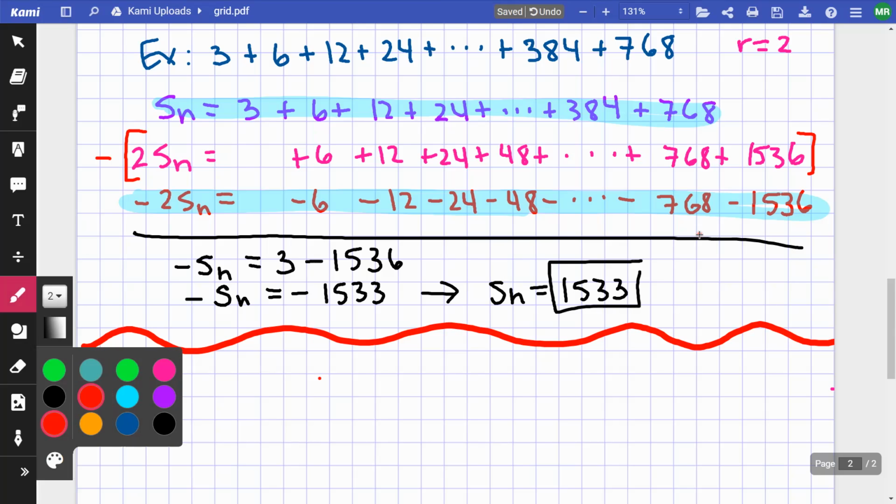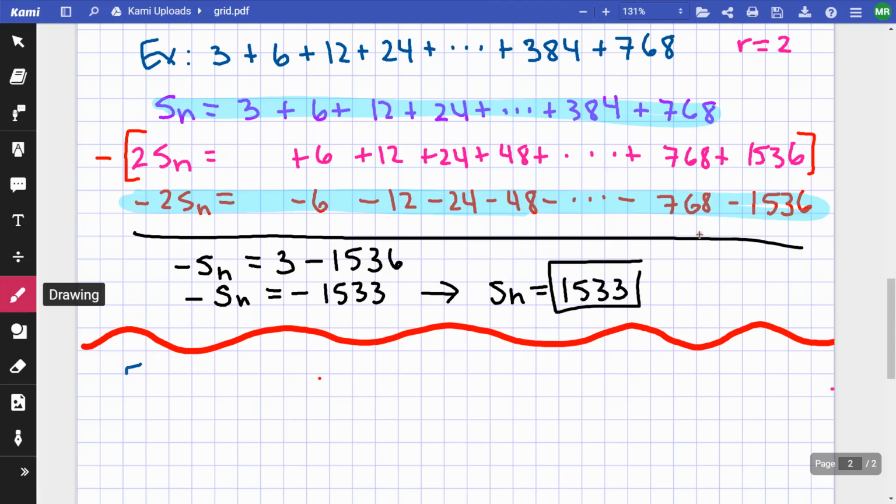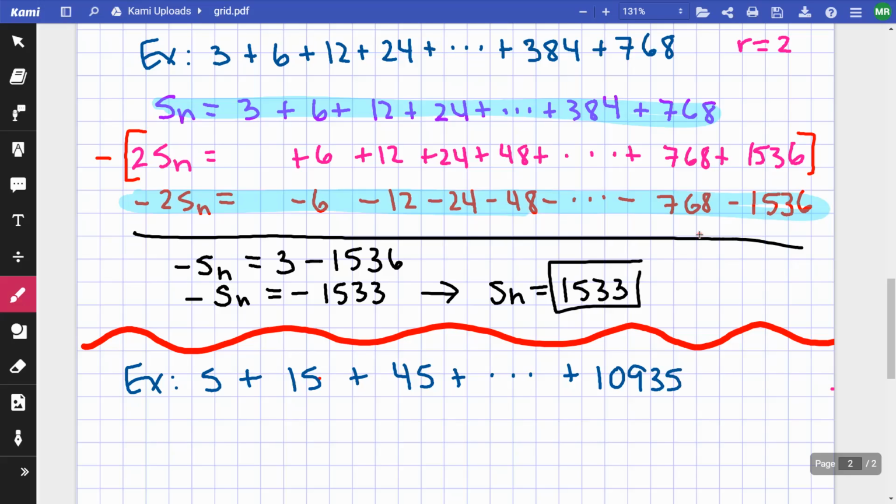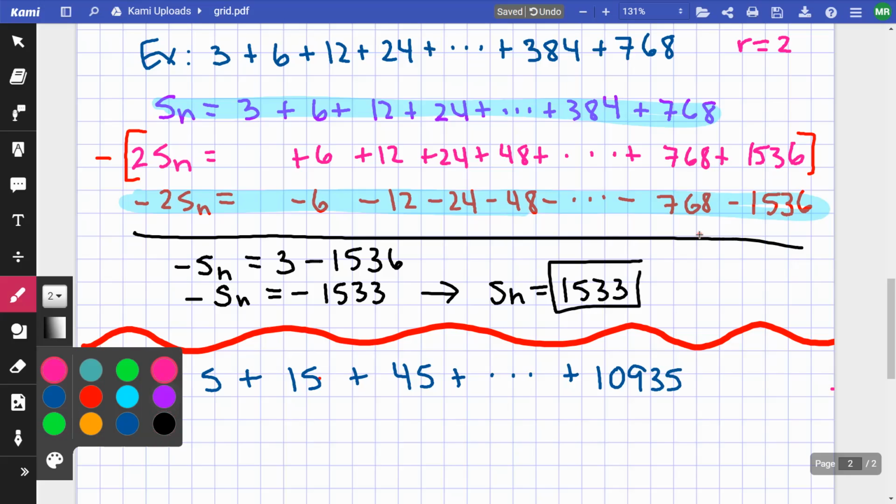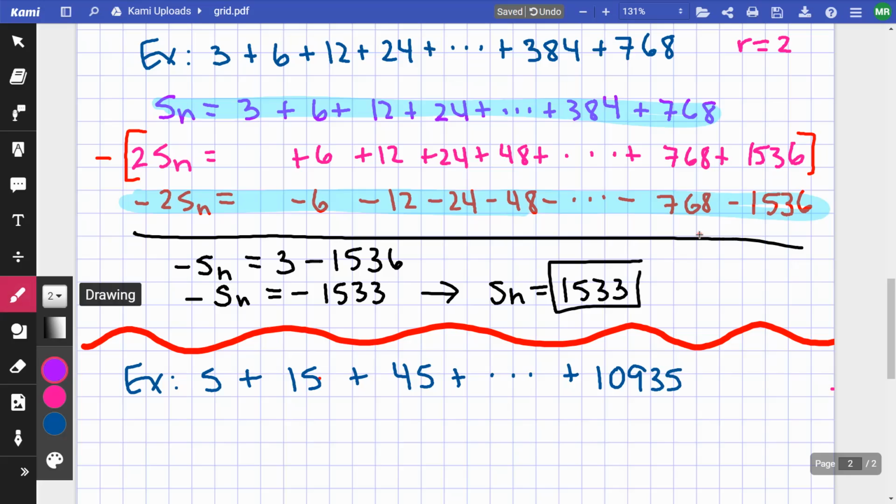So let's say that in this example, I have 5 plus 15 plus 45 plus ... plus, and they go all the way up to 10,935. Now, what's happening in this situation is I am timesing everything in this by 3.